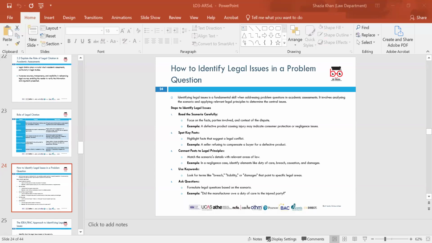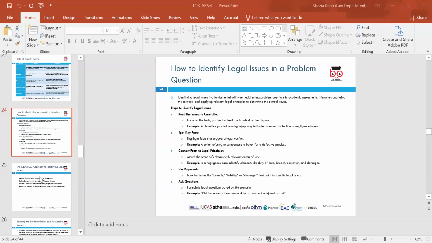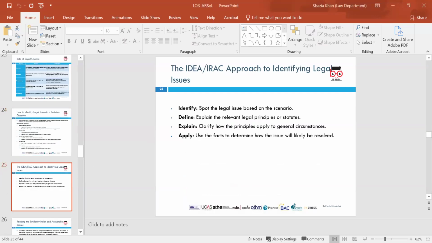Connect the facts to legal principles. So if there are any areas of law in hand, make sure you connect it to that. Use keywords and ask questions, formulate the questions based on the scenario. So make sure you have a structure in place which is able to identify the legal issue, identify the legal principles, and identify the element of how it would work as well.